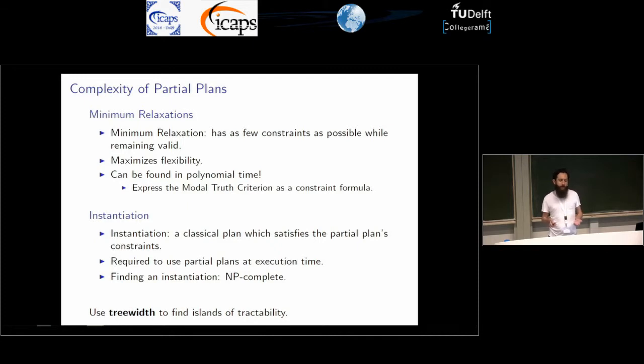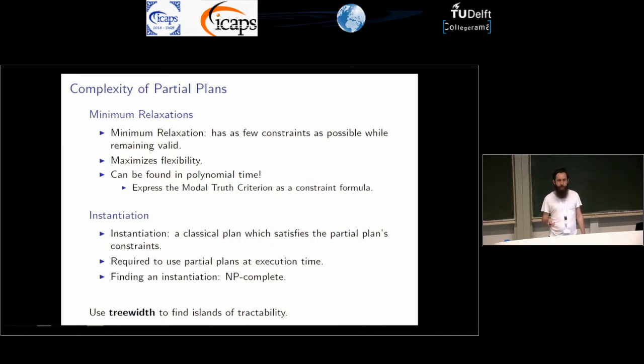So a minimum relaxation is a useful idea because what you're defining is the most flexible or the most relaxed the partial plan can be. Now, interestingly enough, you can actually find these minimum relaxations in polynomial time. So this is unlike the equivalent problem of, say, deordering, where that's an NP-complete problem. Now, this is polynomial because of the expressiveness of the language that we use to express constraints.